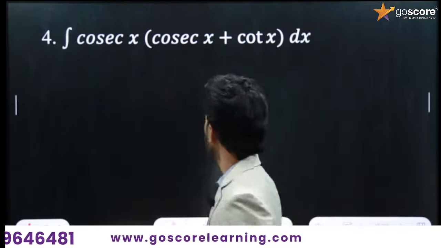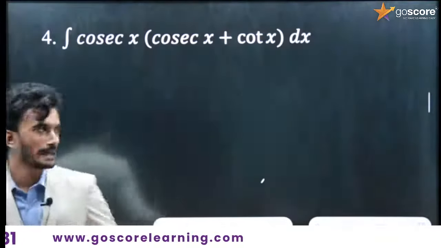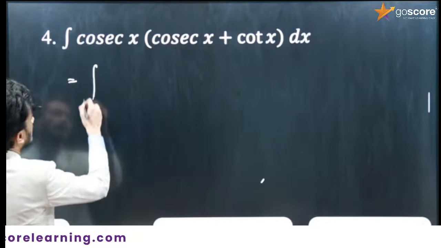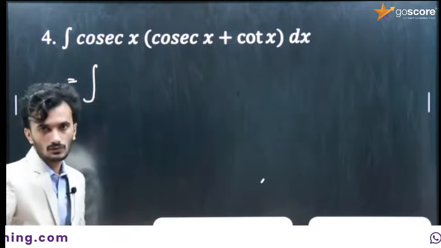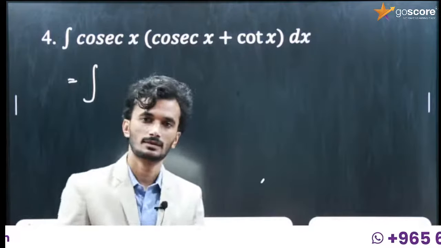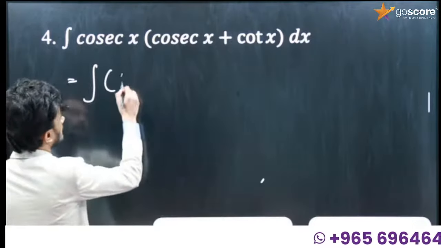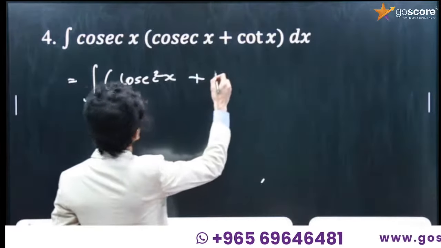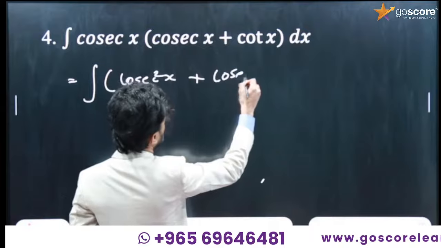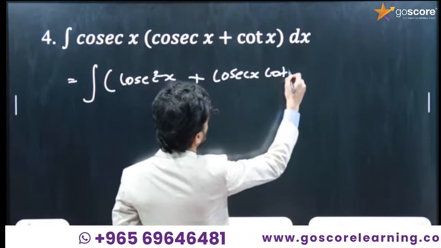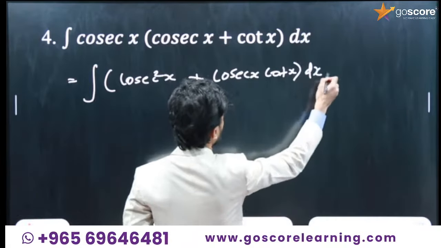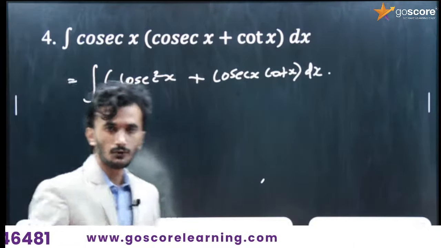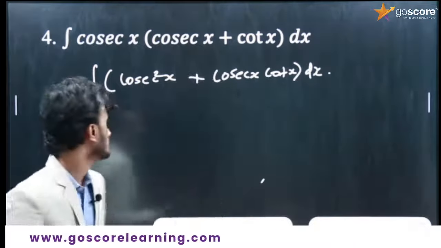Yes. So in this we can expand this bracket. It is equal to the integral of cosec x into cosec x, which is cosec square x, plus cosec x into cot x, dx.